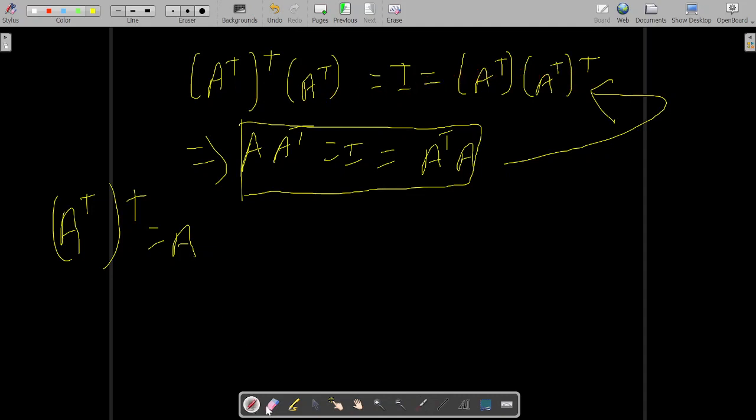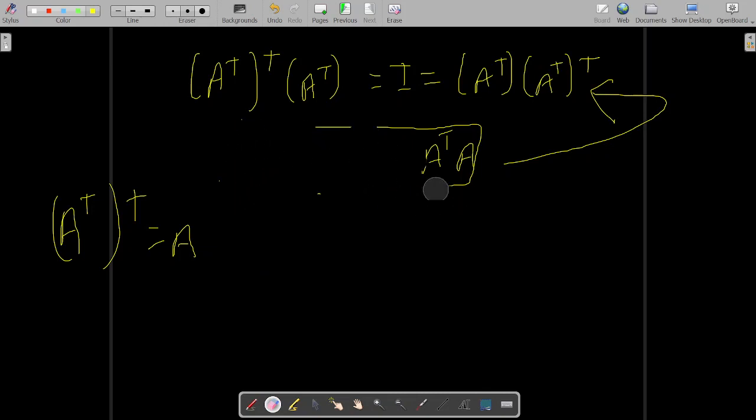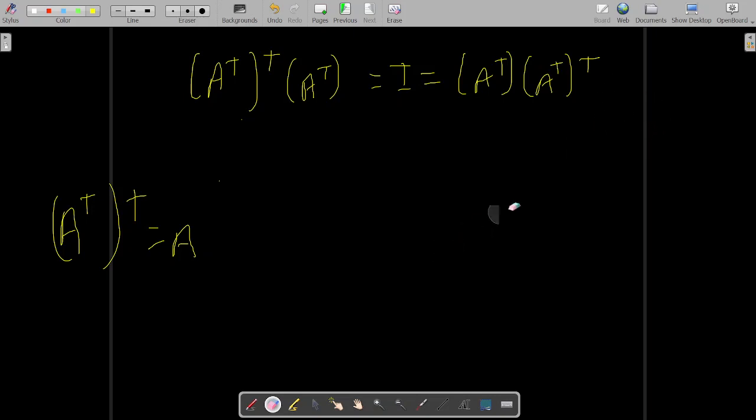So erase all these things. Do not use the property A transpose transpose is equal to A over here, because it is not going to benefit you. What will benefit you? Keeping this expression as it is.